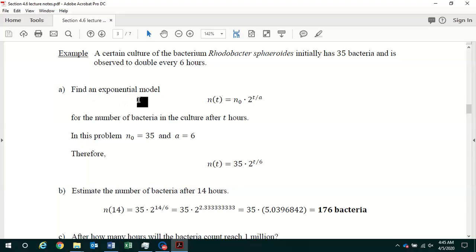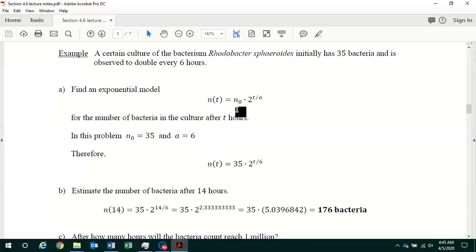So in part A, you're asked to find an exponential model of the form n of t equals n0 times 2 to the t over a power for the number of bacteria in the culture after t hours. And so, as already stated in this problem, the initial number of bacteria n0 is 35 and the time for the culture to double in size is 6 hours.